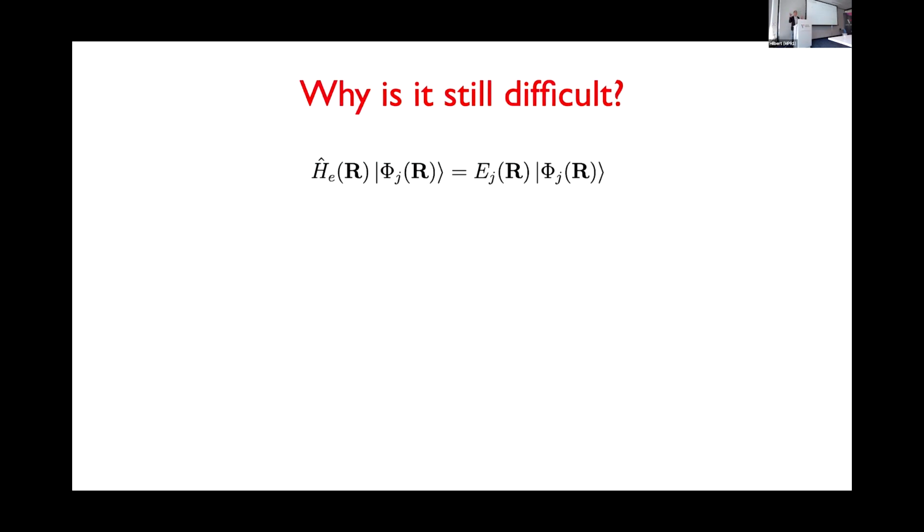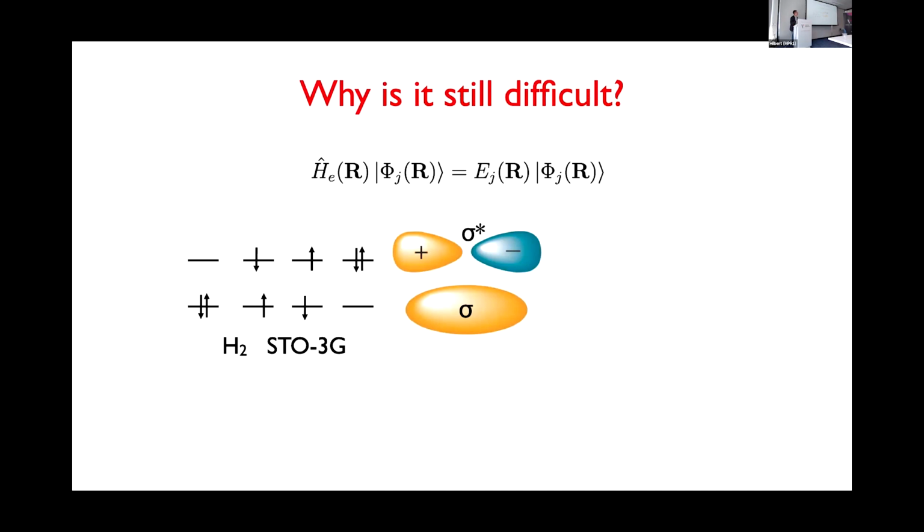Now, we separated, we froze the nuclei, so why is the problem still difficult? Because there are still quantum electronic variables to take into account. The usual way people do it is that they introduce single particle orbitals, and then they consider all sorts of entangled superpositions of electrons distributed on the single particle orbitals in the form of Slater determinants.